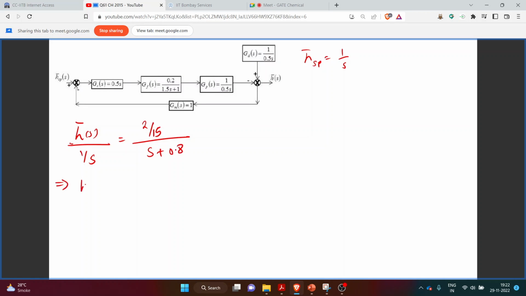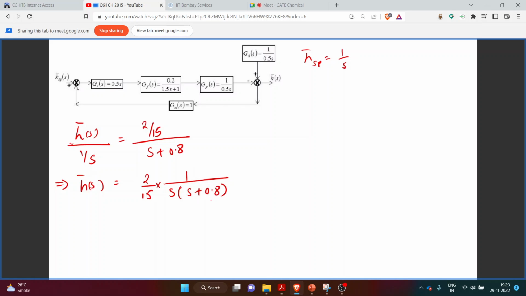That is, the output will be 2 upon 15 into 1 upon s into s plus 0.8.